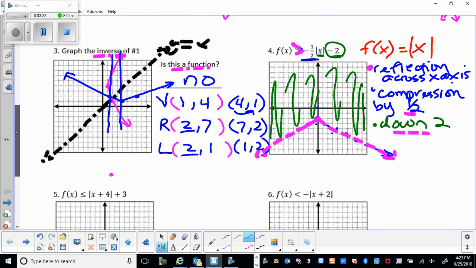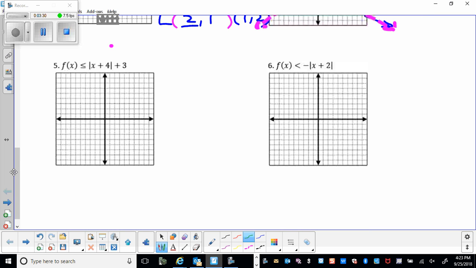So number 5, look at your transformations. I've got nothing in front, so my slope is just going to be a positive 1. That means it's going to be going up. And inside here, I've got an x plus 4, so I'm going to go left 4.